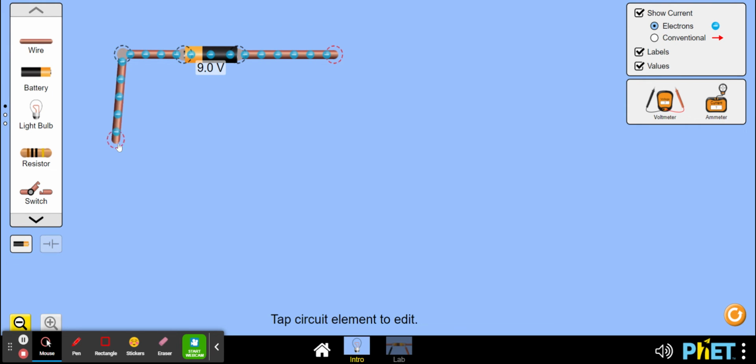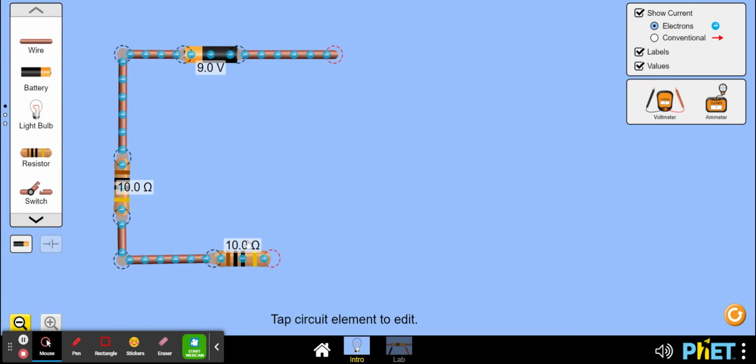So we'll go down here. And starting off, what I want you to do is to make a series circuit. What I'm putting in here now, the V stands for voltage. The ohms, that's resistance. Let's put another wire down here, and you can make this whatever length you want.